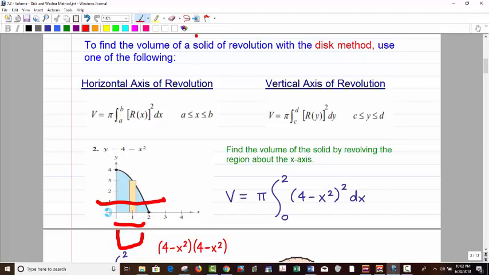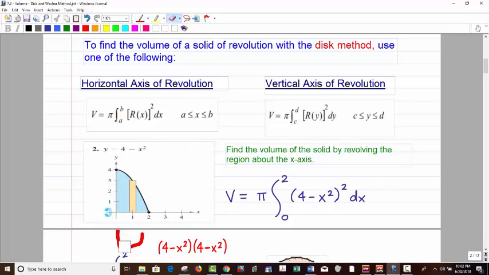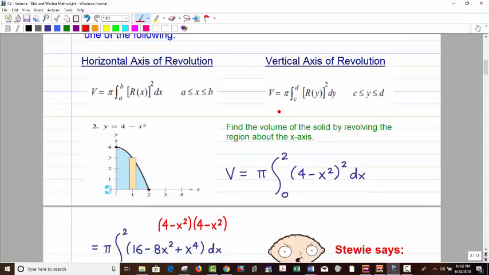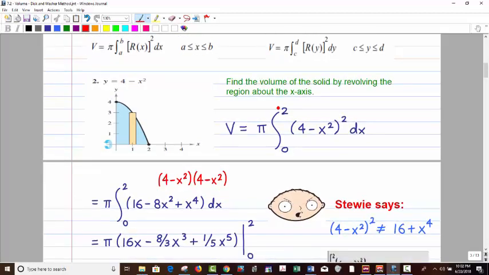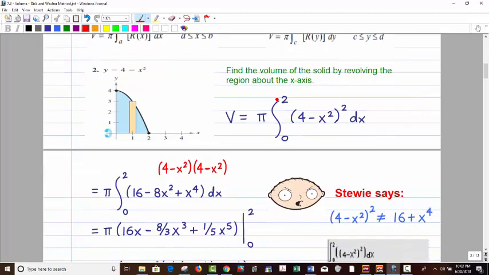Or it can be revolved around any vertical line, such as x equals 1 or x equals 2 or whatever. So it's not just the x and y axis, but that's pretty much what I stick to in my problems. It would just become a washer method if you revolve it around something else.